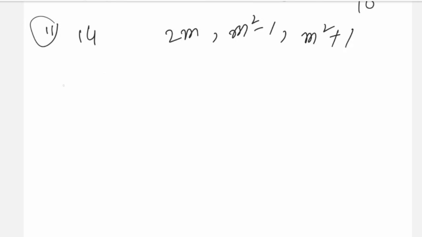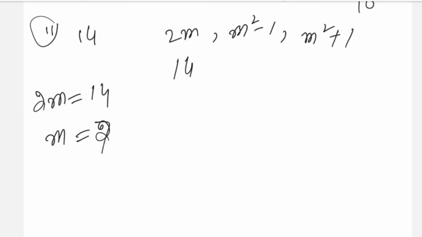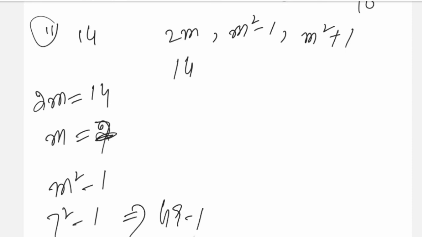So the first number is 14, as 2m is equal to 14. So m is equal to 7, 14 by 2 is 7. What about the other number, m square minus 1? That is 7 square minus 1, that is equal to 49 minus 1, that will be equal to 48.